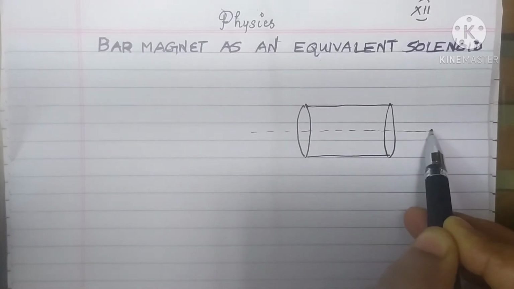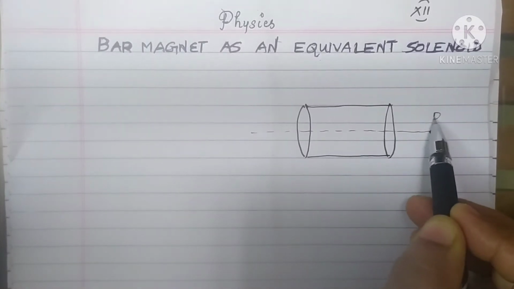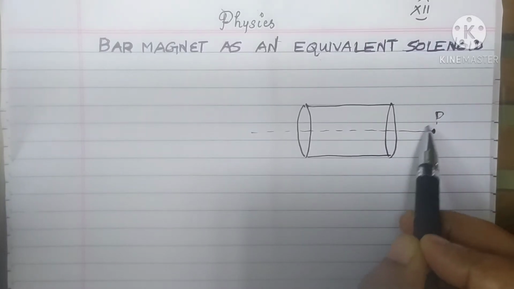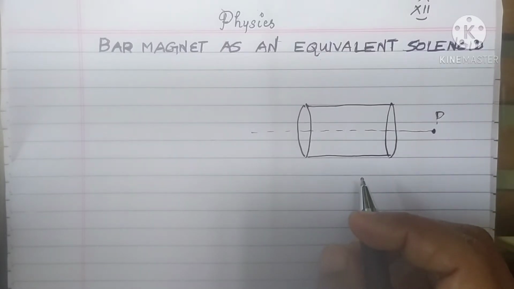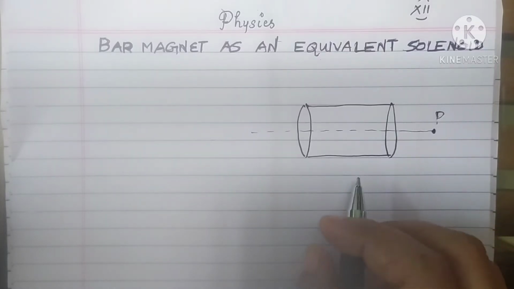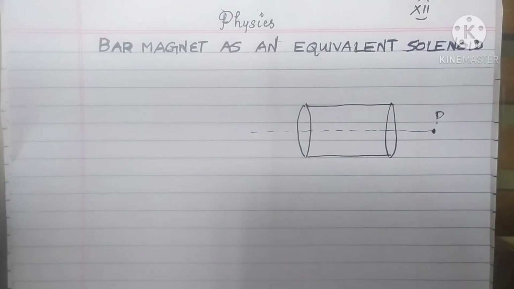Now at any one point, if you are considering here and you want to find the magnetic field at this point, you will get an expression. And when you check, you can confirm that the expression that you are getting at this point for the solenoid will be same as that of the expression for magnetic field in the case of axial line of a bar magnet.